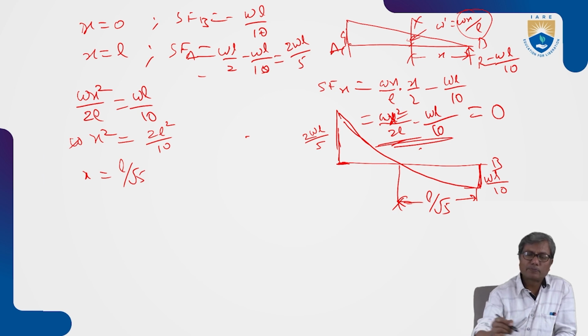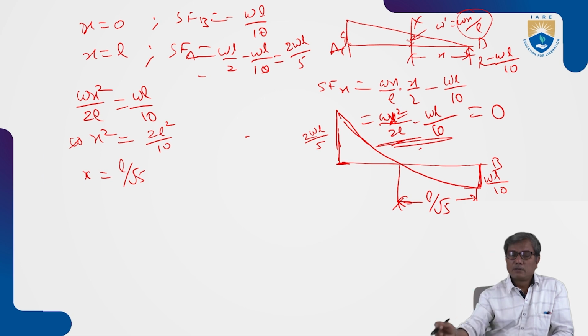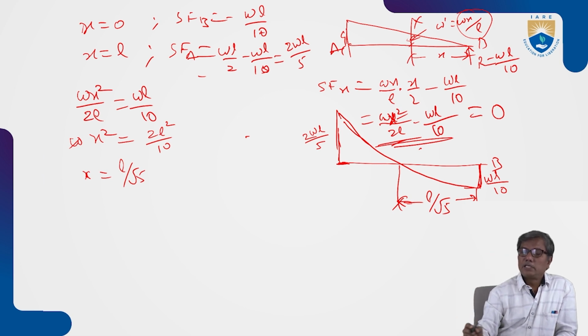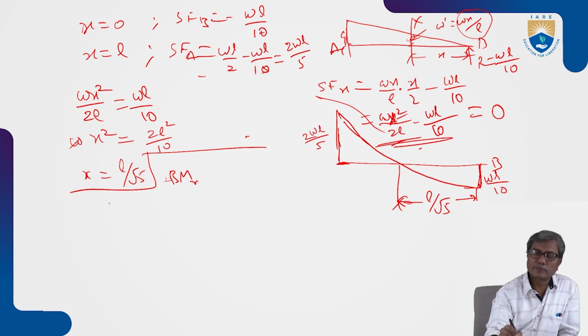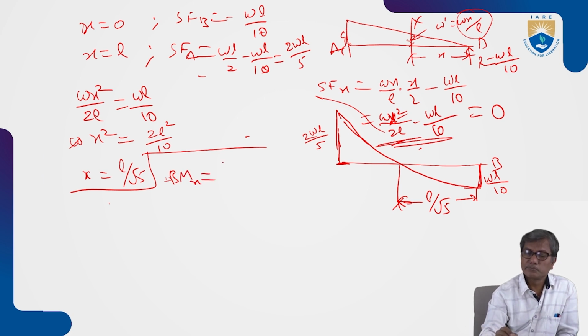Okay. Now, bending moment diagram also we can draw. What is the bending moment at X? We can draw the bending moment diagram considering bending moment at X. What is bending moment at X? Wx square by 2L into x by 3, the moment. Okay.